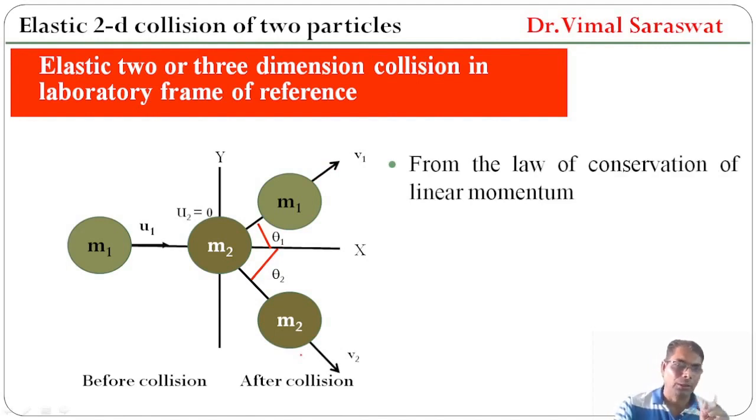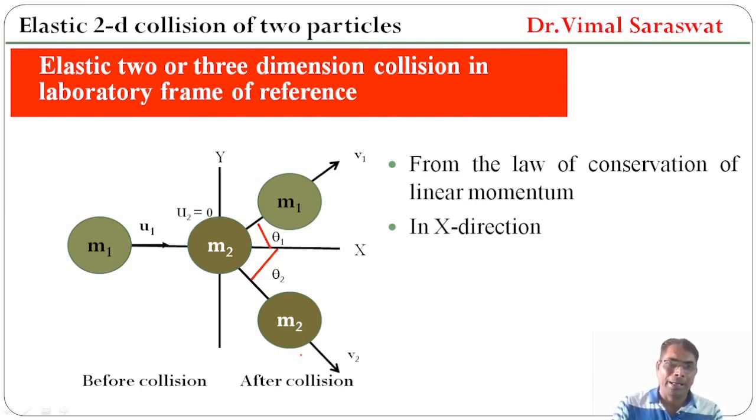Now from the law of conservation of linear momentum, since here we have elastic collision, linear momentum as well as kinetic energy remain constant. Since linear momentum is a vector quantity, the linear momentum along the x direction and along the y direction will be constant separately.